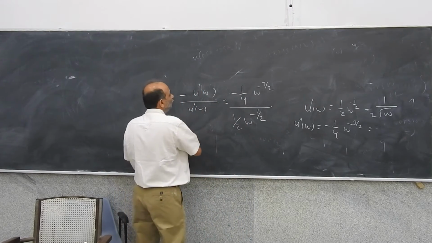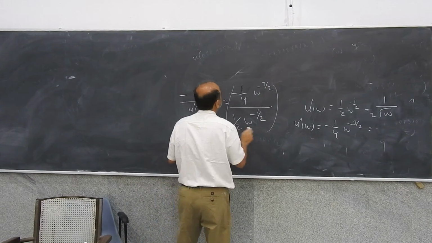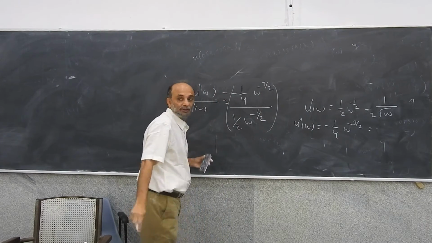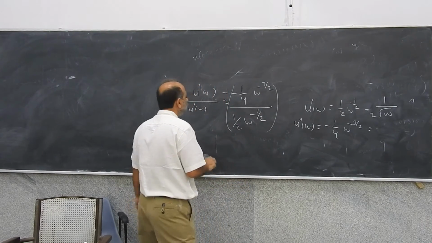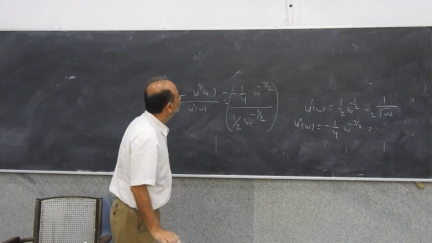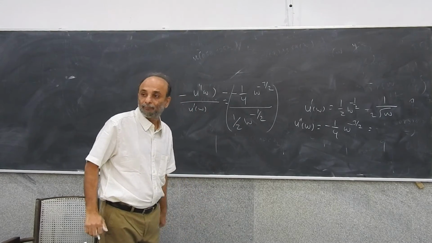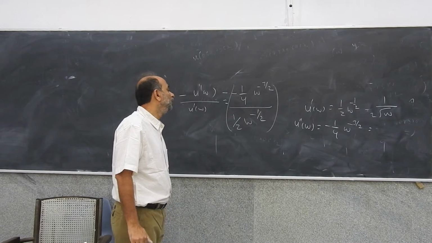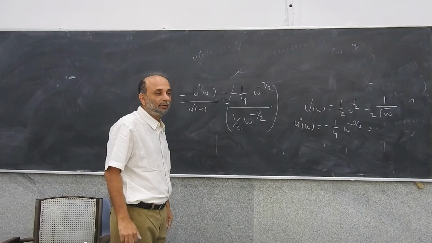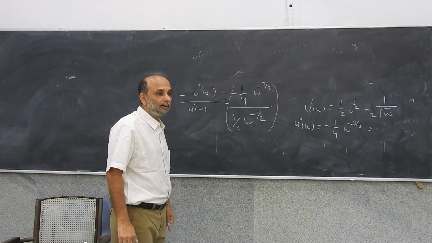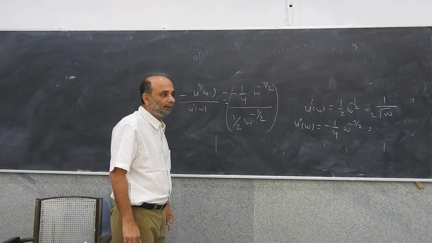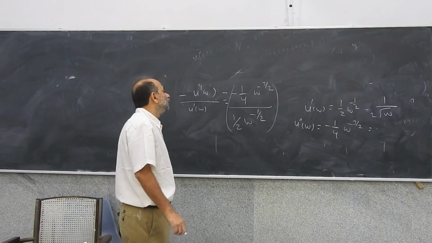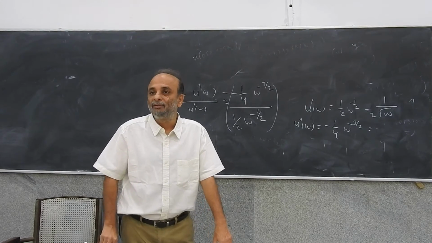Okay, and you have to put a minus, so the whole thing has to be multiplied by a minus, right? So if you do that, what is the answer that you will get? What is W raised to minus 3 by 2 divided by W raised to minus half?